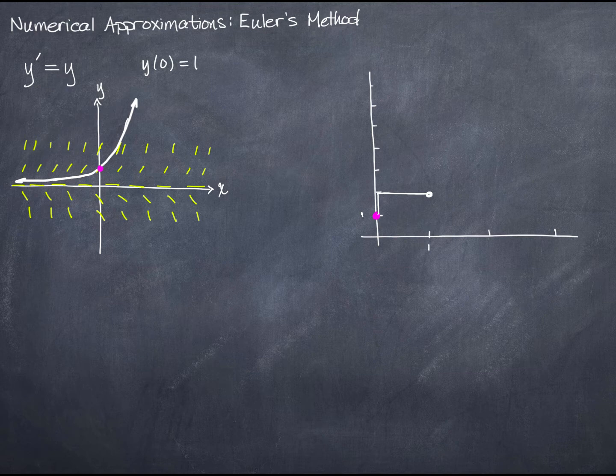If I have a slope of 1 at y equals 1, then my graph is going to behave something like this, perhaps. And that's because the slope of the function, y, is the same as the y value, right? The slope is the same as the y value. So here the slope was 1 over 1, because the y value was 1, or our starting point was 1.